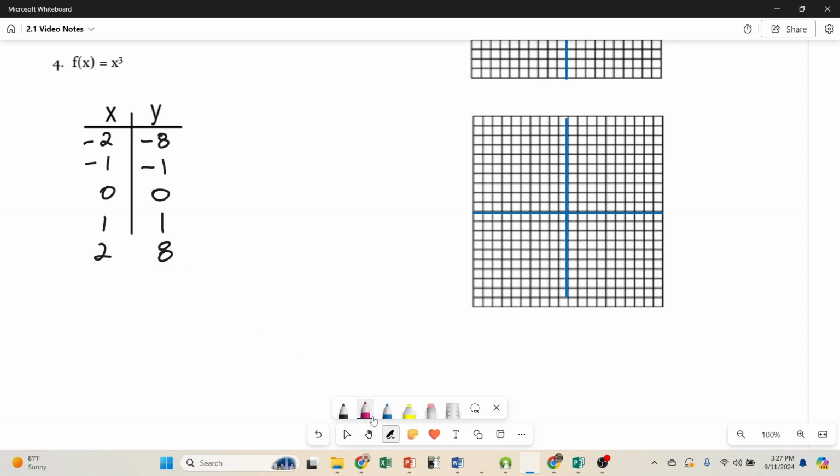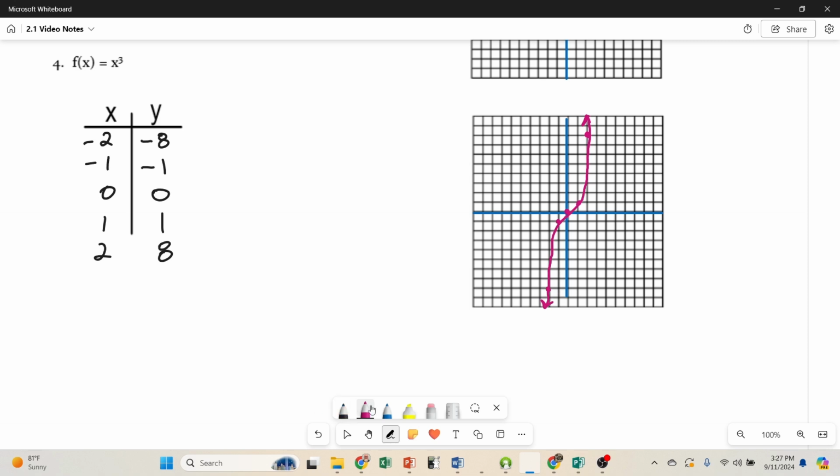So this is a rather interesting graph, because you're going to see -2, -8 down here, and this goes up here. So this graph crosses over like such and then curves back down.